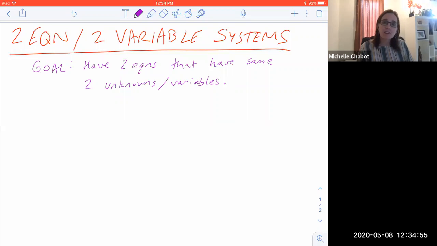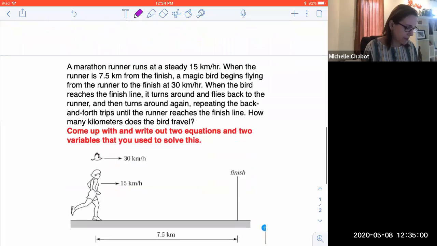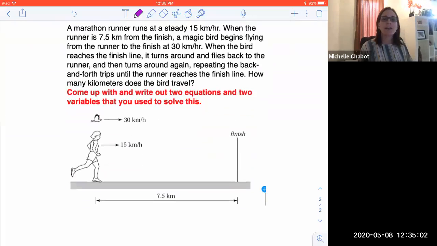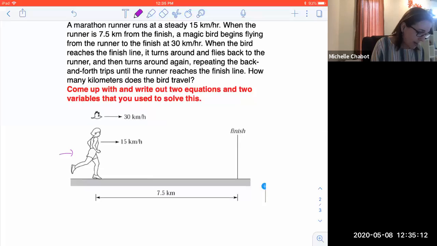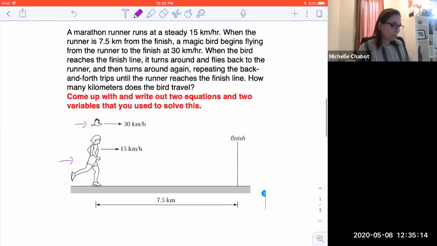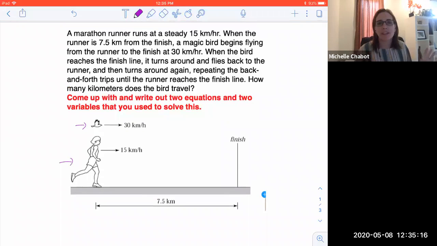As a very simple example with 1D motion, let's look at this problem. We have 2 objects that are both moving with constant velocity motion: a runner and a bird. It's a hypothetical situation, and it involves a little bit of magic.